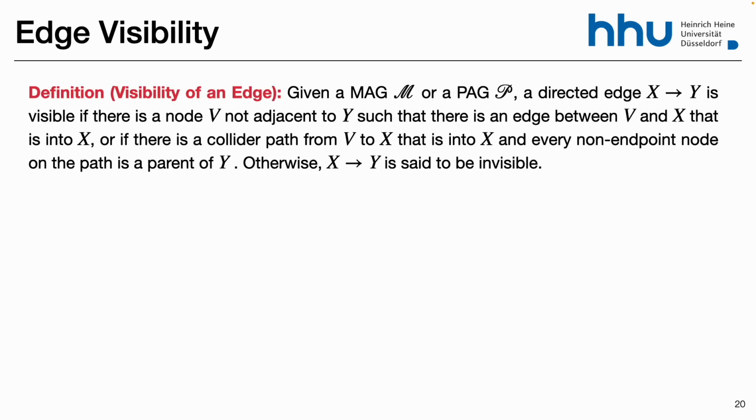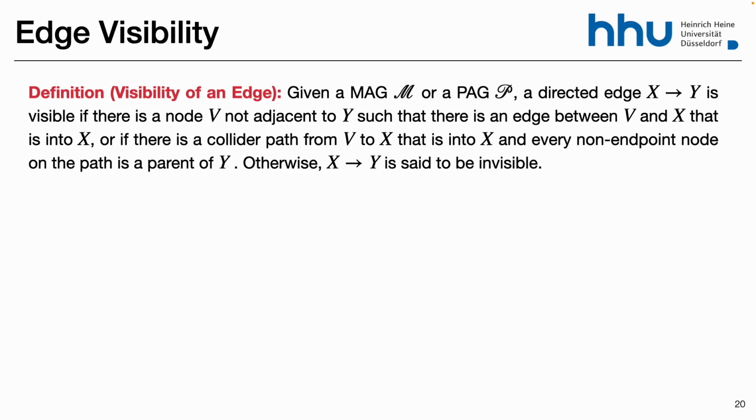I want to give you this definition because I think it falls exactly in the category of the examples that we are having here. I won't ask you anything complicated, but it is a definition called visibility. In a MAG or in a PAG, the fact that I have a directed edge doesn't mean that this edge is a directed edge in the underlying model.